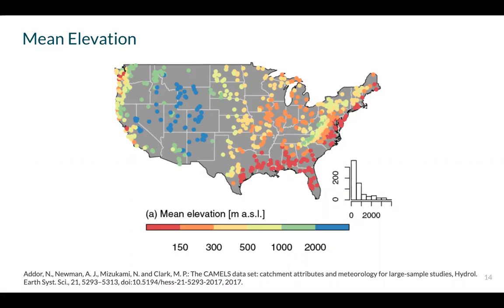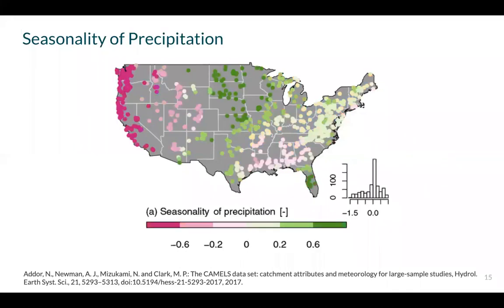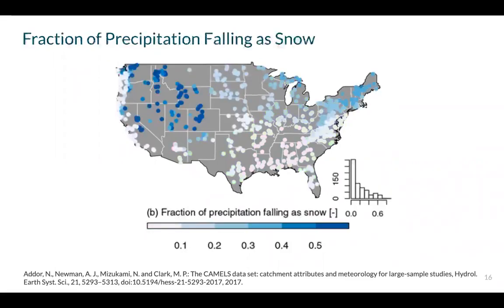We can see we've got a really broad range of elevations of basins in our data set. Similarly, in terms of the seasonality of precipitation, so how consistently do we get rain, or do we get all of our rain or snow in particular months of the year? There's a really broad range of that as we go across the US.